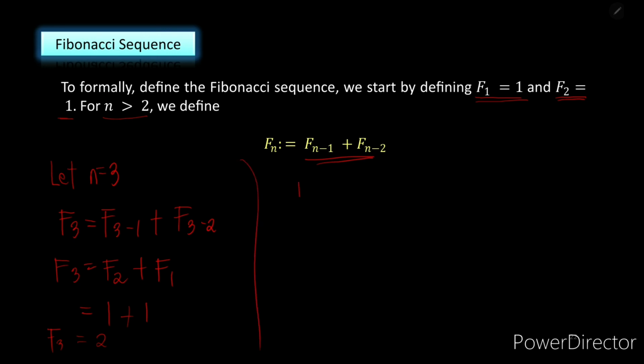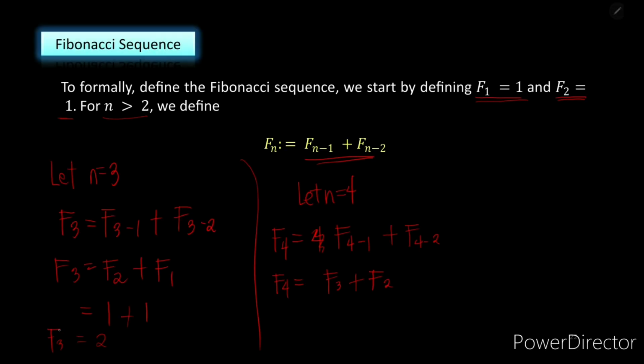Now, what if the value of n is 4? So, we have f sub 4 equals f sub 4 minus 1 plus f sub 4 minus 2. Now, f sub 4 is equal to f sub 3 plus f sub 2.